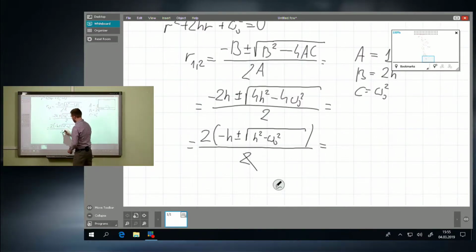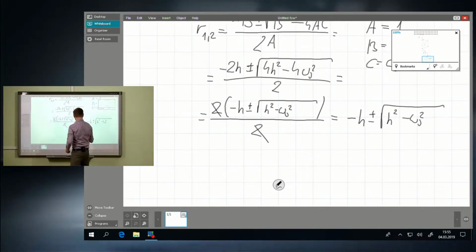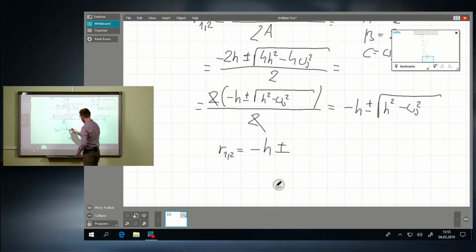Okay, and by simple simplification, we see that we have minus h plus minus the square root of h squared minus omega 0 squared. It means both our roots, I will rewrite it again, are given by some real number minus h, something connected to the damping, and plus minus the square root of h squared minus omega 0 squared.